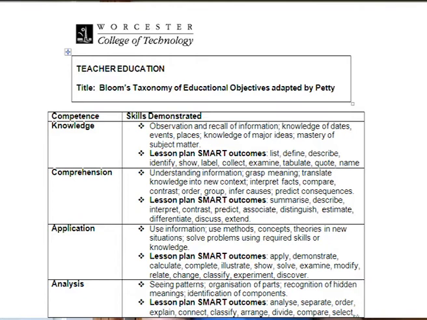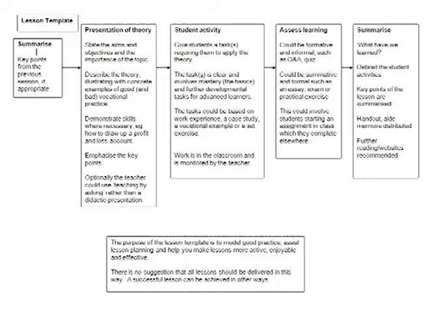And if you make sure that when you are writing the outcomes on your lesson plan that you stick to the words and phrases in the Bloom Petty listing, you'll ensure that your outcomes are SMART. Where possible, try to quantify them, using phrases such as learners will be able to list 8 things or describe 5 factors, and then you'll be sure that your outcomes are truly SMART.